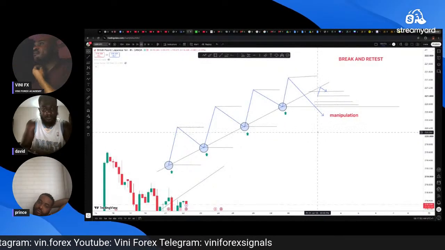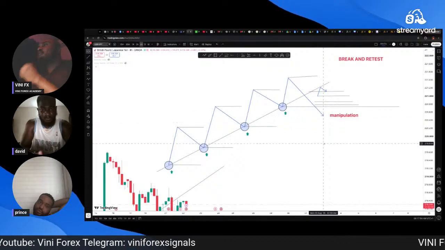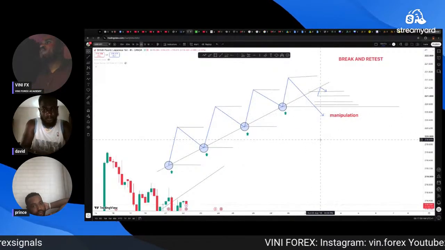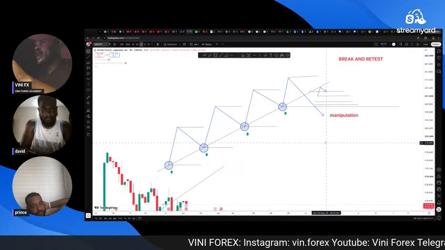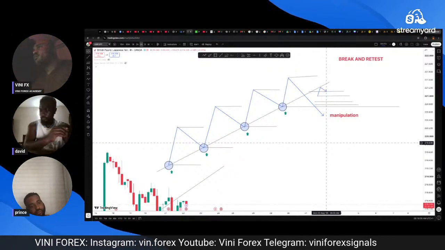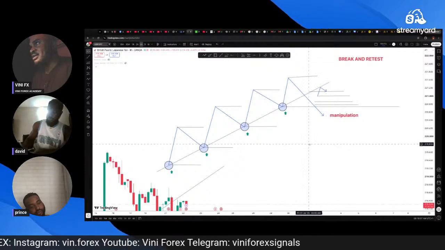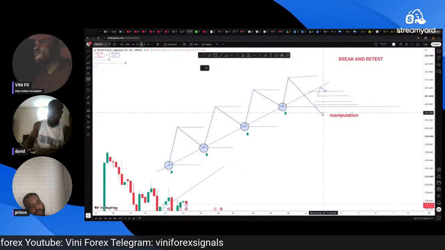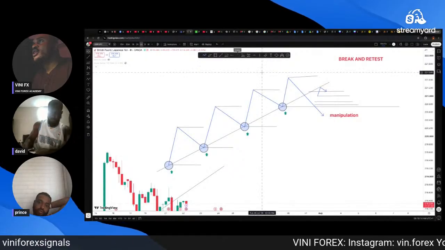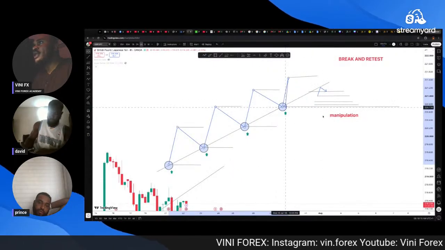Now, remember, for the market to completely turn to a downtrend, you will have a low and a lower high. So now we have our low, and this low has broken the low of this uptrend.